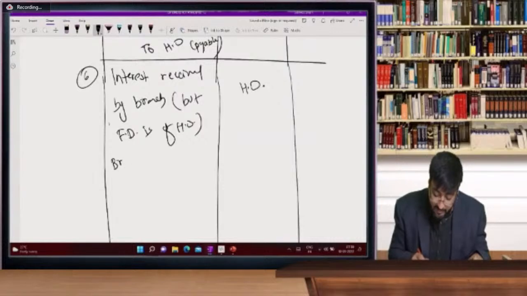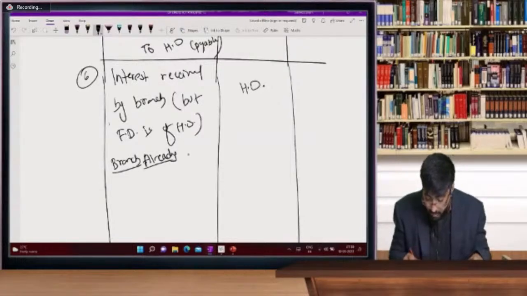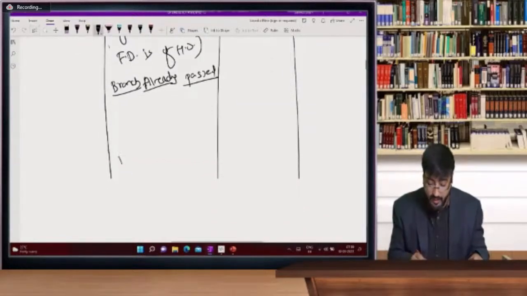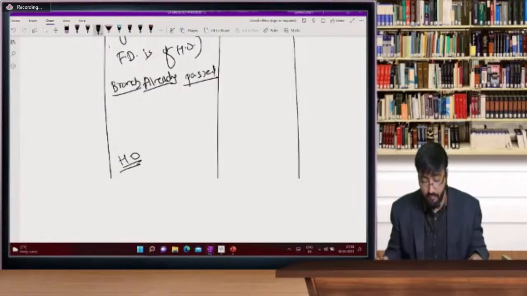Branch ने क्या pass कर दिया? Branch already passed entry. And tell me now what is the entry HO will pass? Branch ने क्या pass किया entry? Tell me.